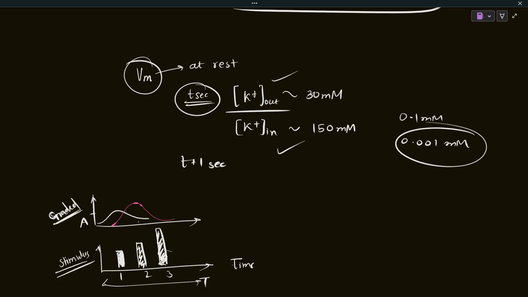Then there comes the third stimulus, and it will have a higher range, right? So this is the scenario when the individual stimuli are given at individual points of time, but they are given consecutively in this scenario. And when they are given consecutively, the graded potential that will be generated in the final scenario will be something like this. So the graded potentials can be summed across time, like across the membrane.